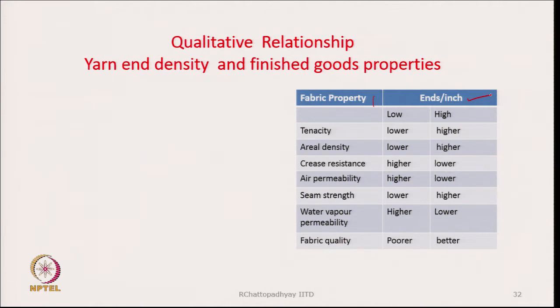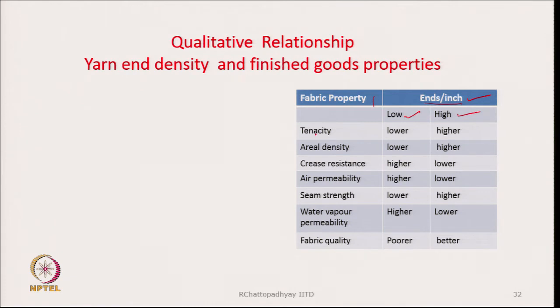We all know that fabric constructional parameters, ends per inch and picks per inch, are two very prominent parameters of fabric construction. So, here how ends per inch is going to affect tenacity, areal density and all these properties is what is stated here, ends per inch low and high.